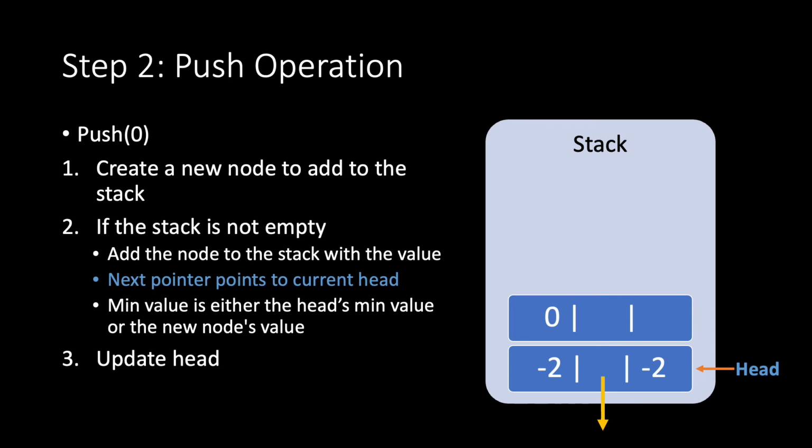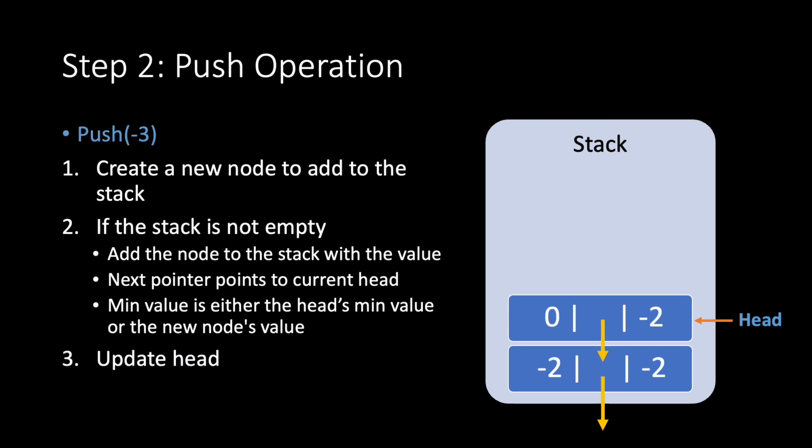And the minimum value is going to be either the head's minimum value or the new node's value. So in this case, it's going to be either 0 or -2, whichever one is smaller. In this case, -2. So we're going to add -2 to the minimum value in the new node. And then we're going to update the head pointer. It has to be at the top of the stack at all times, so we can point it to the new node.